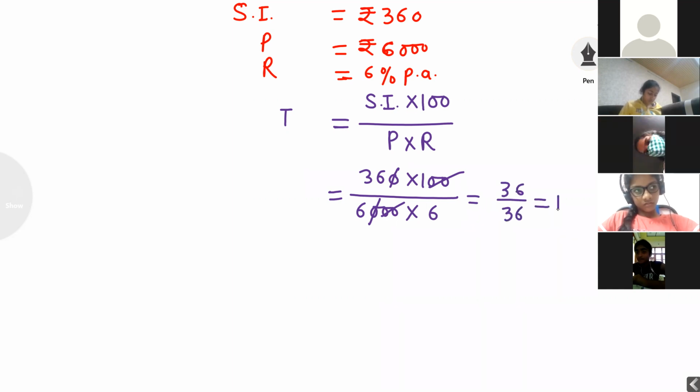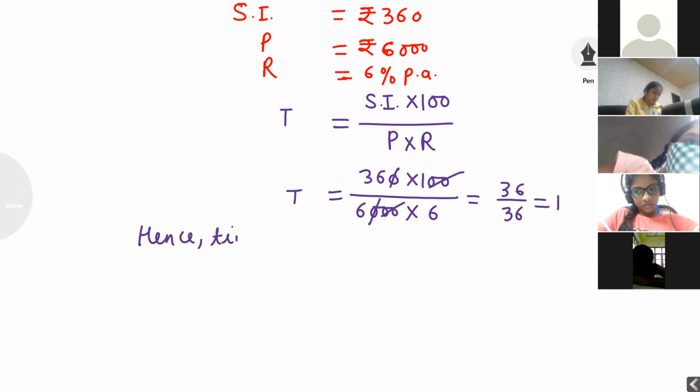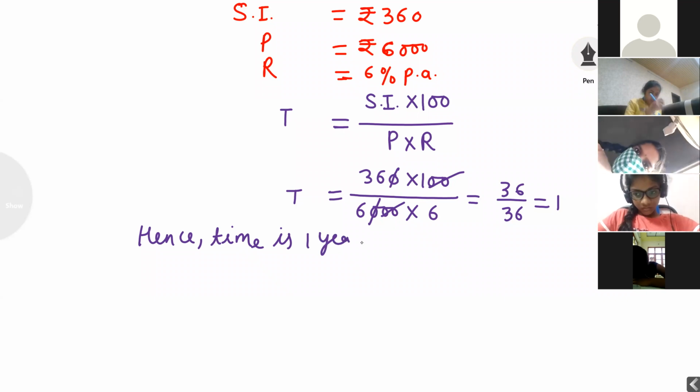Don't say 0. 36 by 36 is equal to 1. Hence, time T is 1 year. Note down, everyone.